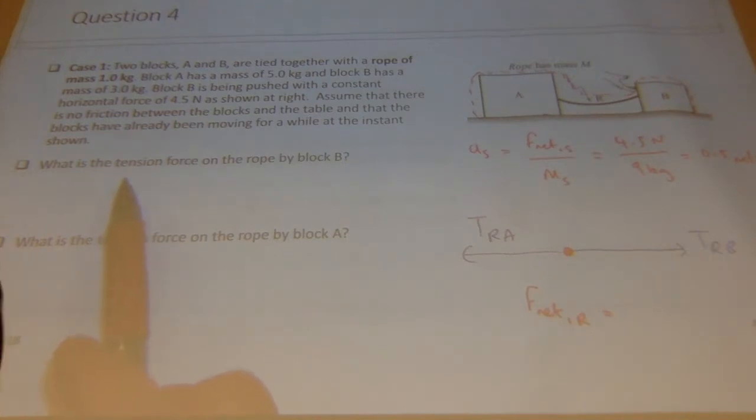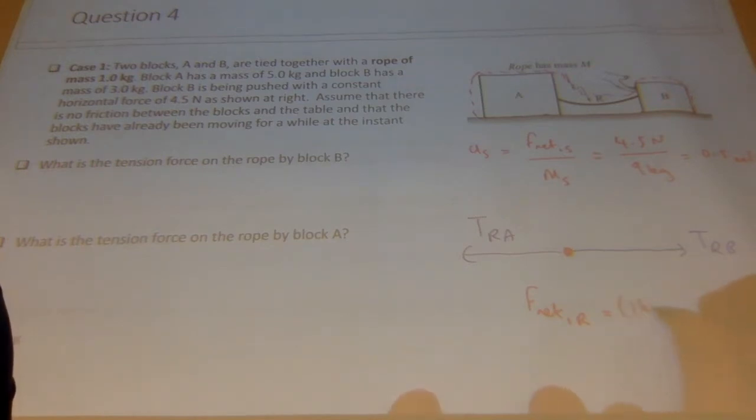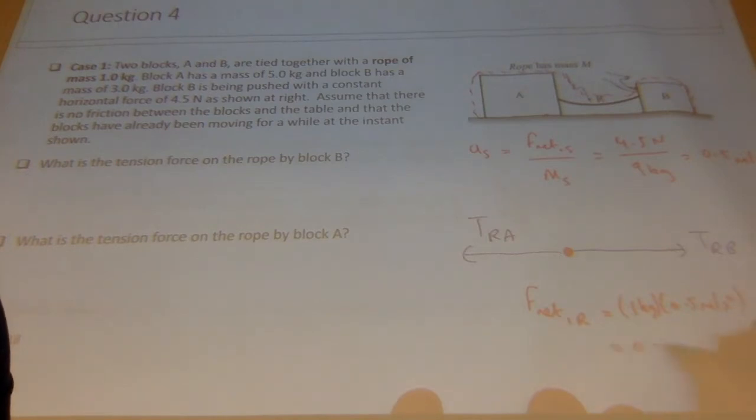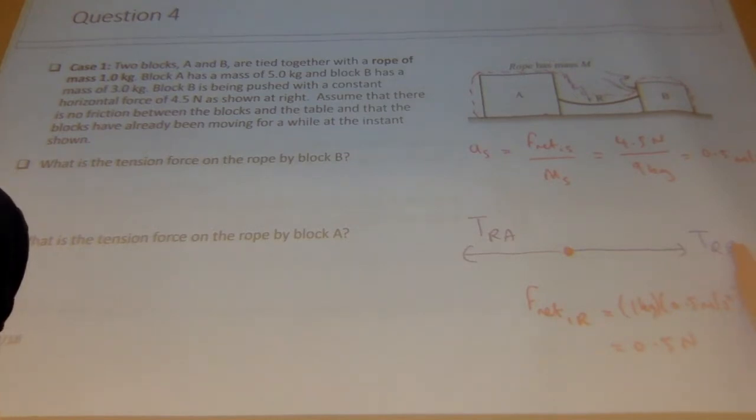Okay. Yeah, otherwise it's way too difficult. So this will be just 1 kg times 0.5 meters per second squared. That's half a newton, but that's only the net force. So I know that T of B has to be half a newton bigger than T of A. That's what I know so far.